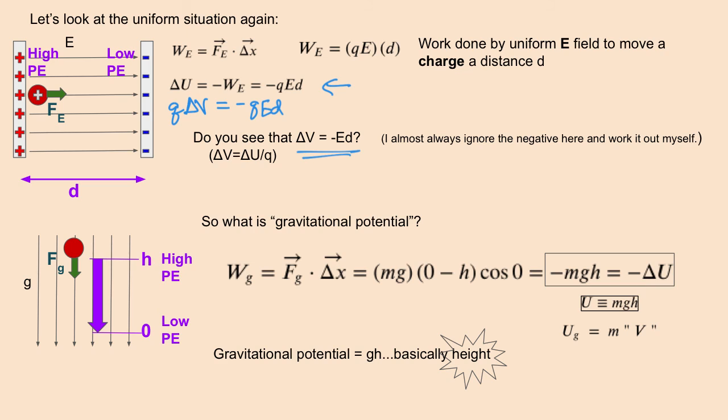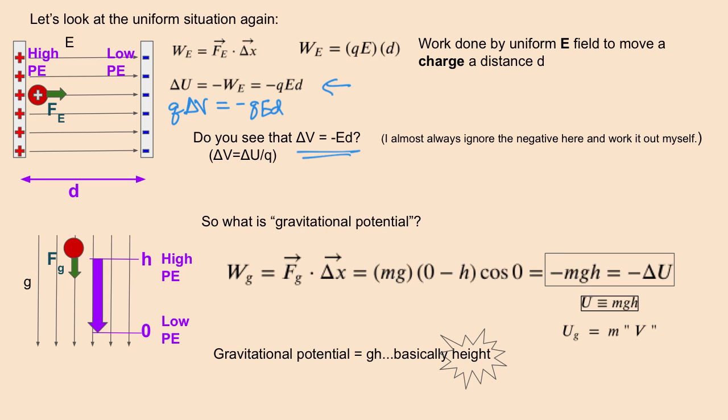And that's super important. I keep teasing you with all this equipotential line stuff that we're going to do next time, but hopefully it will really help with this intuition. But honestly, that negative sign, I almost always ignore it and then just work it out myself, right? So you can just use delta V equals Ed for the magnitude of the potential difference.